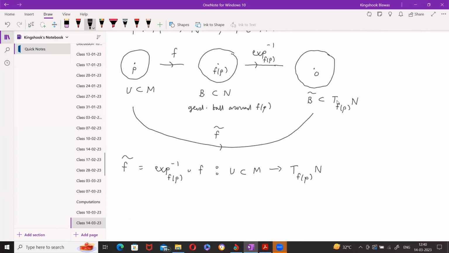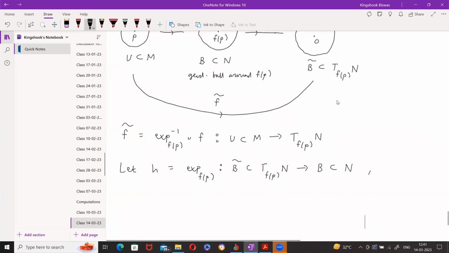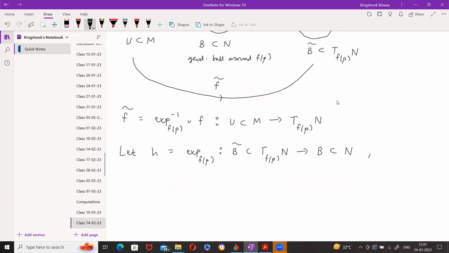So let's call H this map, exp sub F(P). So this is going from a ball in the tangent space around 0 to a ball around F of P in N. So then I can write F as H composed with F tilde, right?